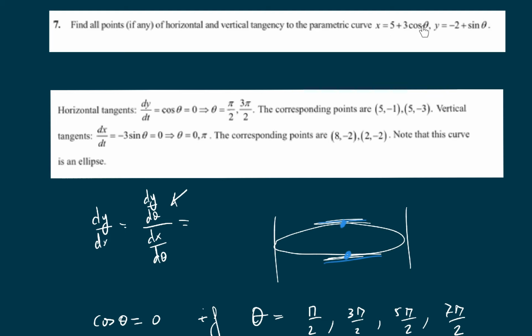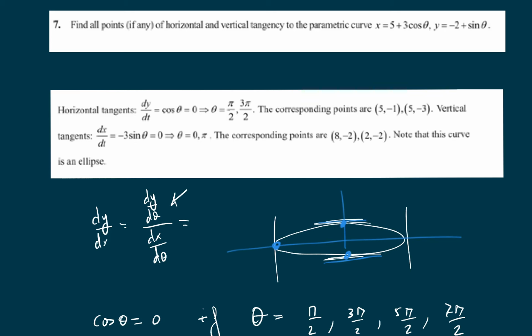Cosine of 0 is 1, 5 plus 3 is 8. When it's 0, the sine of 0 is 0, so y is minus 2, so you are at the point (8, minus 2). This is the point (8, minus 2), and the other point is the point (2, minus 2).